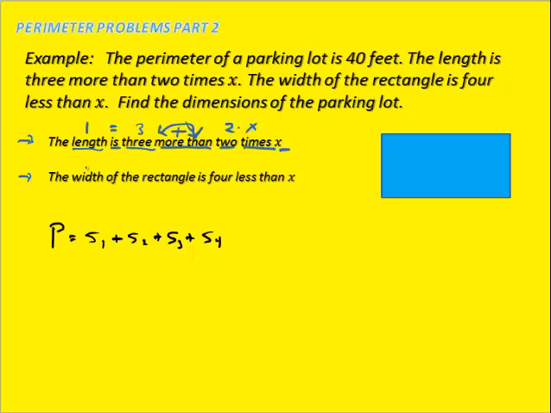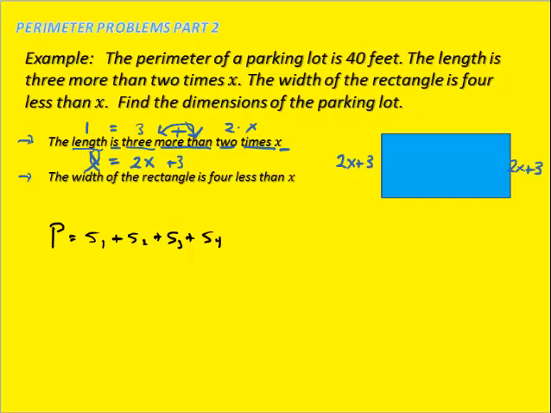So when I rewrite this, it's going to be length equals, I'm going to put the 2x first, and then my plus 3. And that was supposed to be a cursive L. So my length is 2x plus 3, and my other side is also 2x plus 3.